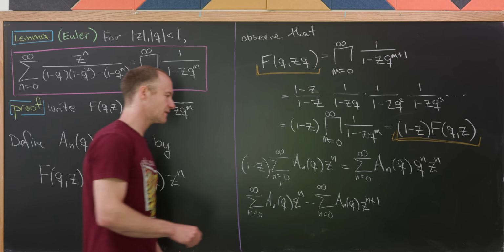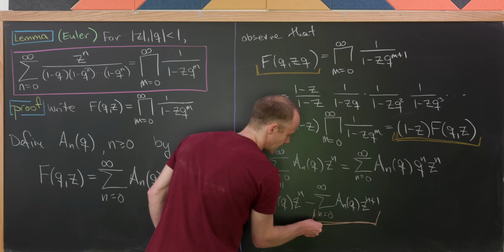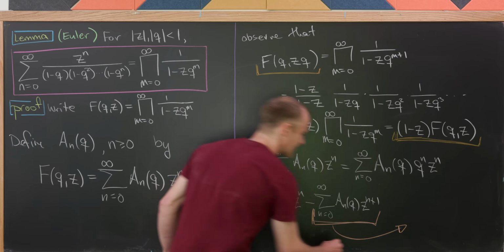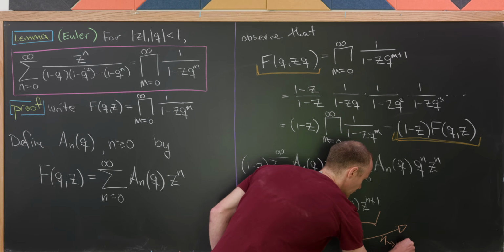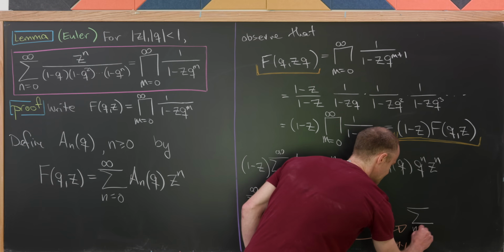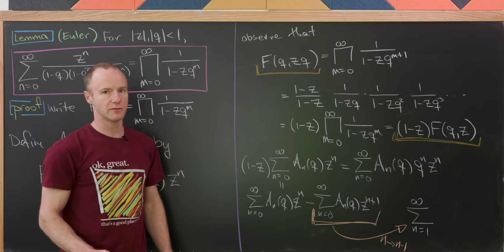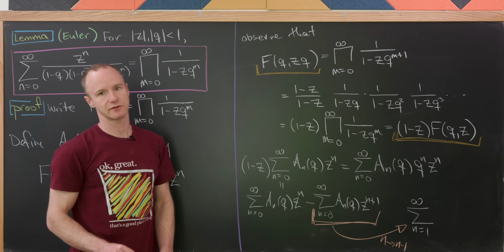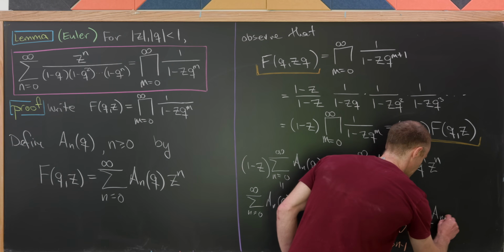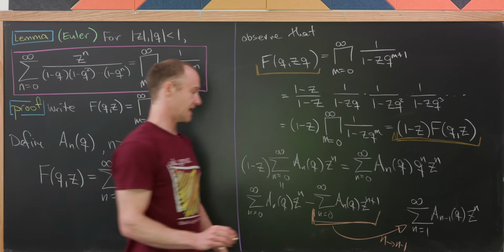The last thing that we'll do here before moving on is take this second sum and re-index it a little bit. Let's re-index it by taking every n that we see and replacing it with n minus 1. That's going to turn this into the sum as n goes from 1 to infinity, because here we have n starting at 0, which means our new n minus 1 starts at 0, which means our new n starts at 1. And then we'll have a sub n minus 1 of q times z to the n.